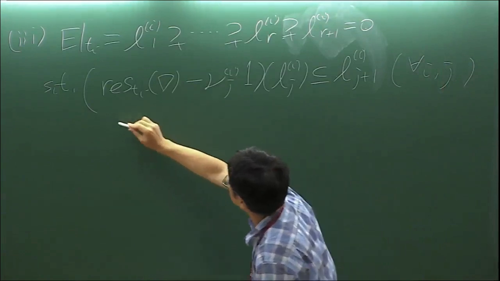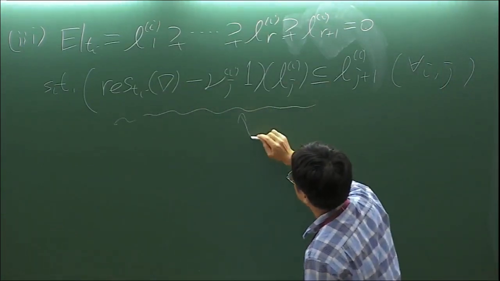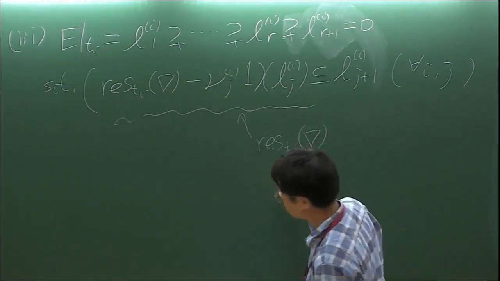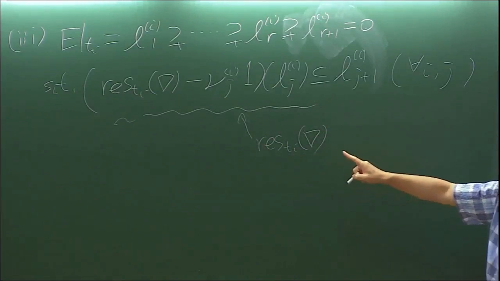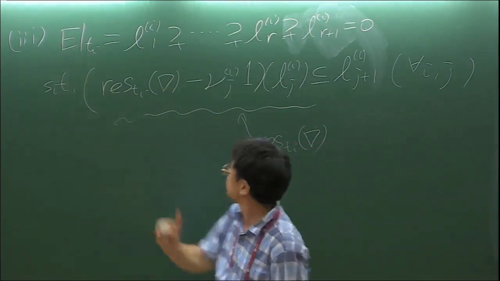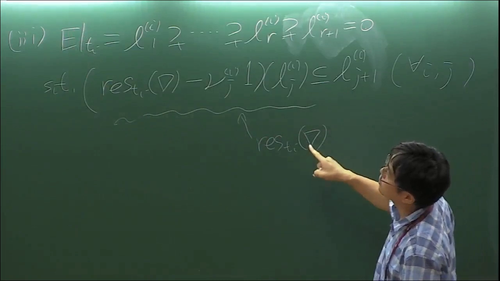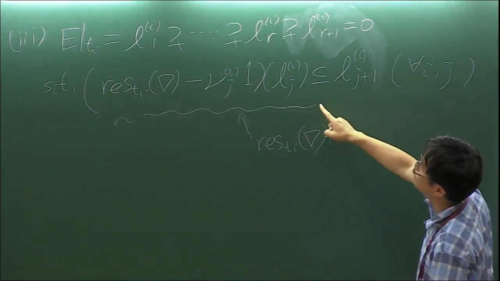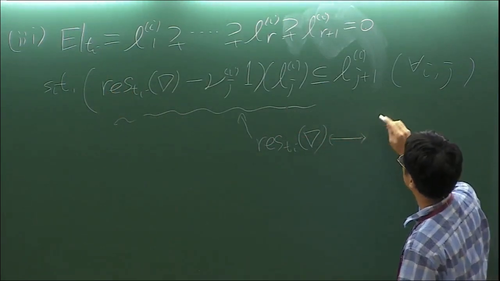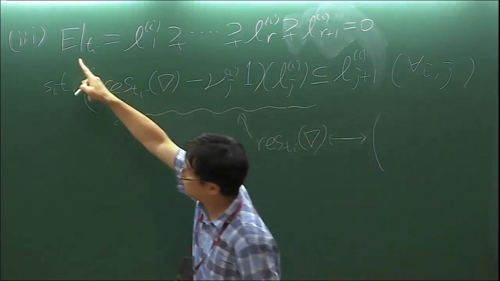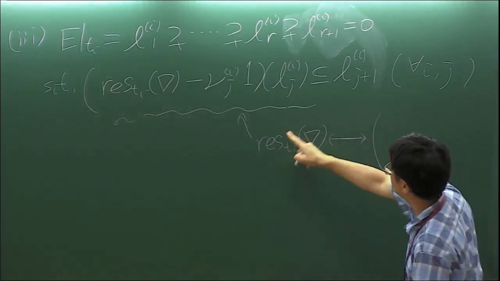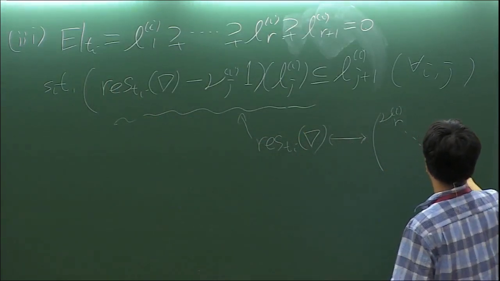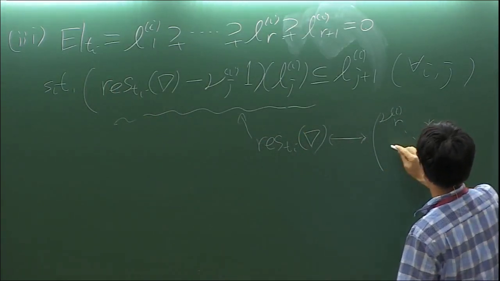This condition means that the residue of nabla, which is an endomorphism of the fiber of the vector bundle, has, for a certain basis of this vector space, a representation matrix of this type.